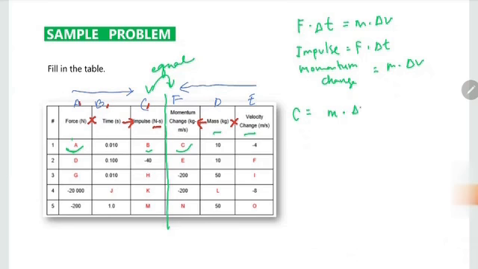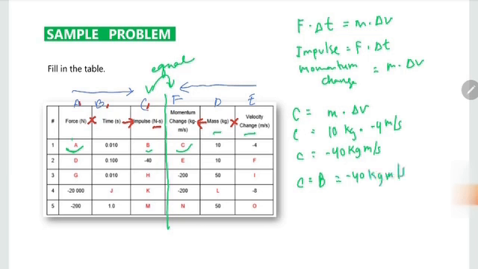Mass times change in v. Mass is 10 kilograms, change in velocity is negative 4 meters per second. So C is negative 40 kilogram meter per second. Based on the theorem, C and B will be equal to each other, because momentum change will be equal to the impulse. Whatever impulse occurs, that will also be the momentum change. So they are equal to each other.